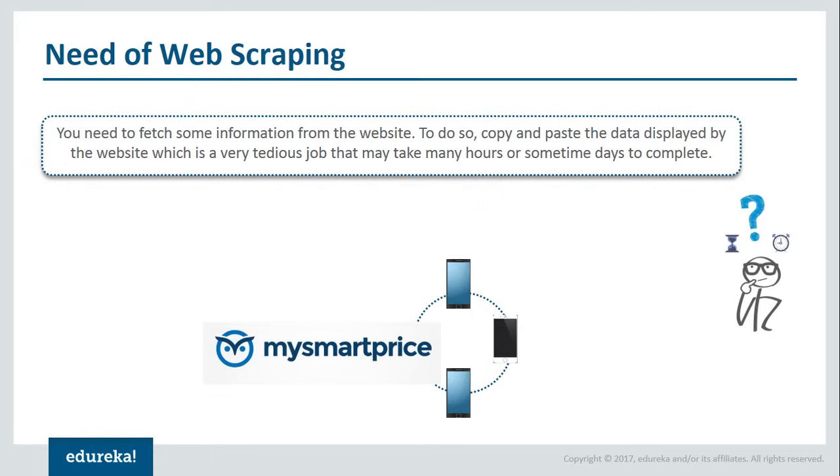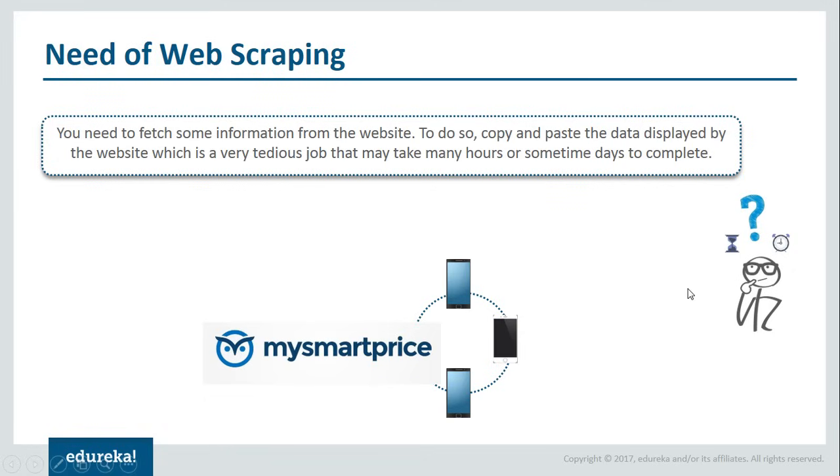What they do is collect data directly from merchants. The larger stores generally provide the feeds which are listed on their stores, but what about the smaller stores? One way of doing it is to copy the prices from different websites and paste them to your local system, which is a very tedious job and consumes a lot of time as well. So what you can do is simply scrape the prices from different websites.